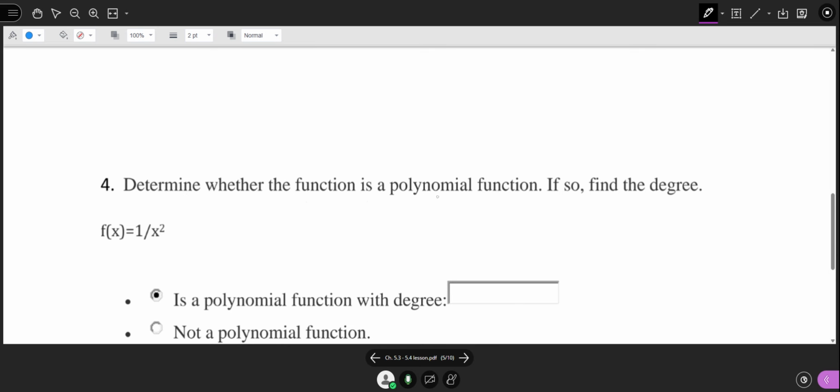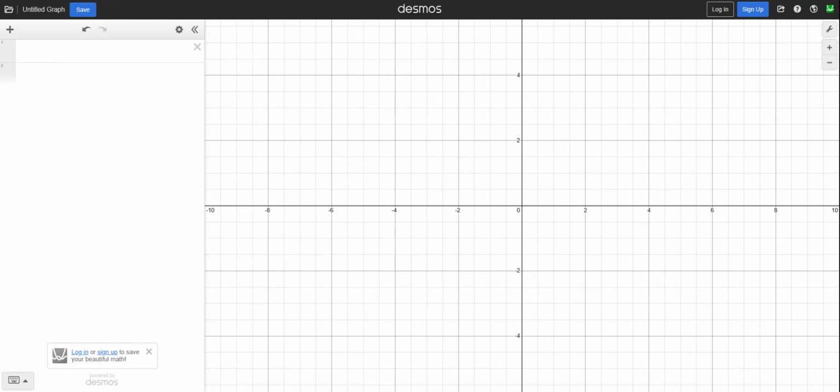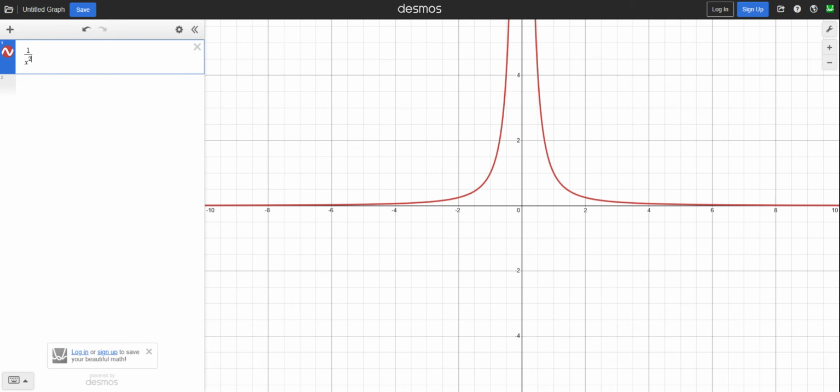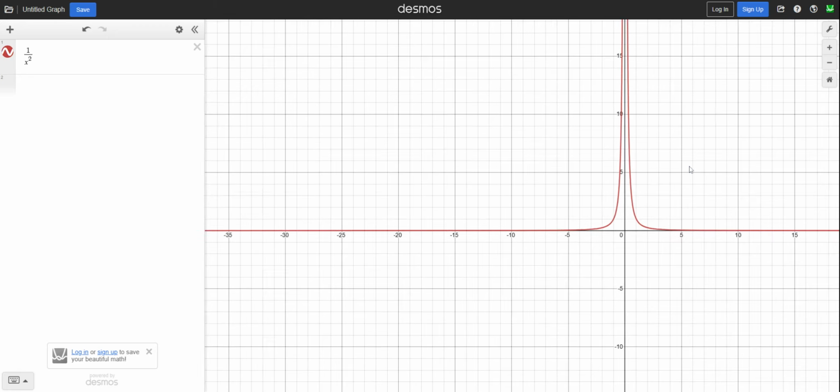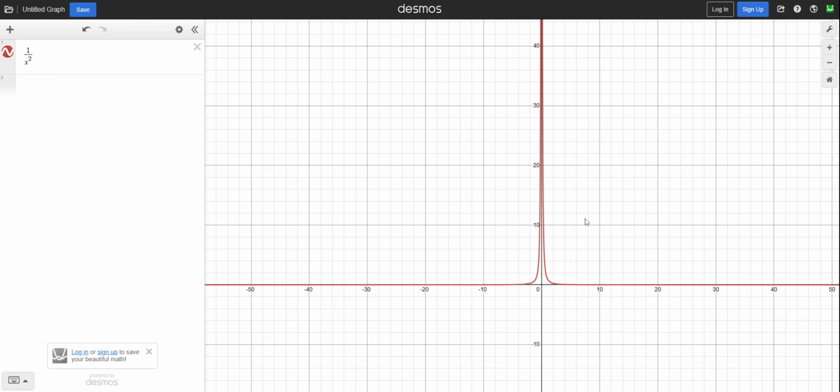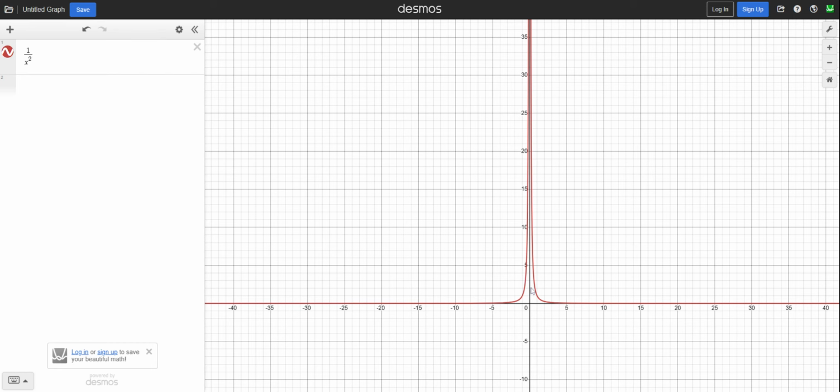Determine whether the function is a polynomial function. Find the degree if it is. So we go back to Desmos, 1 over x squared. What's going on here? There's a gap. It's a smooth curve.